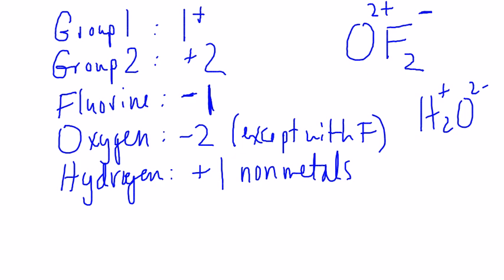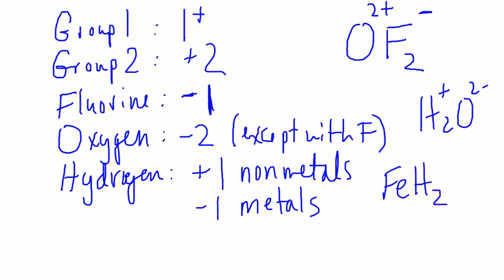But when hydrogen is bonded to metals, it's given a -1 because it will pull electrons more than metals will. For example, FeH2. In this scenario, hydrogen is -1, and because there are 2 of them, the iron would be +2.